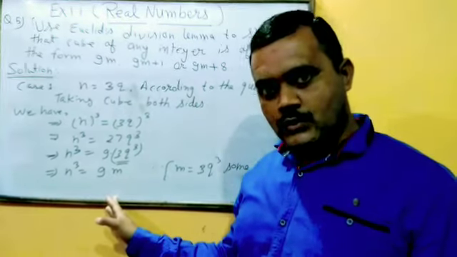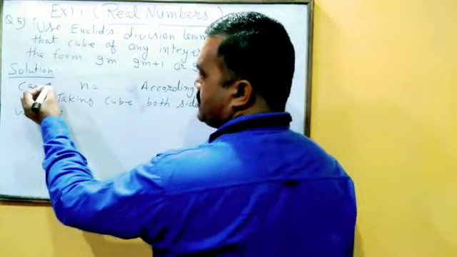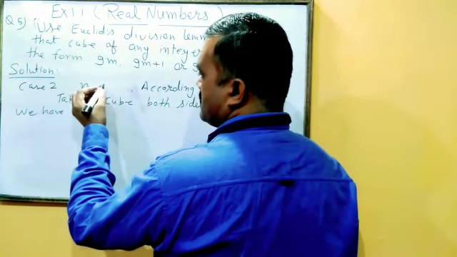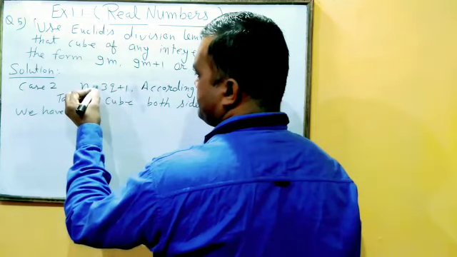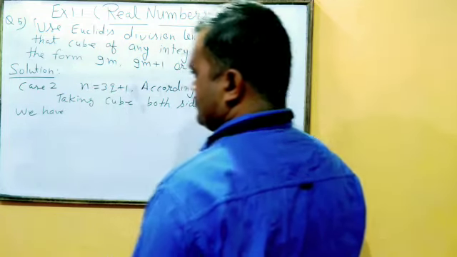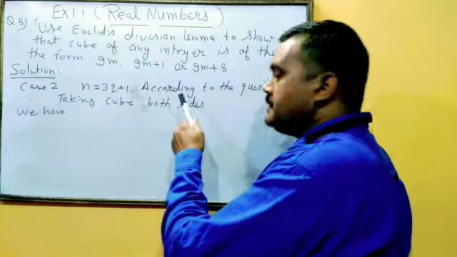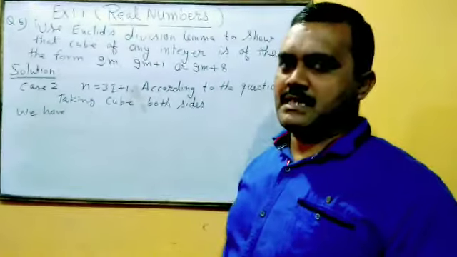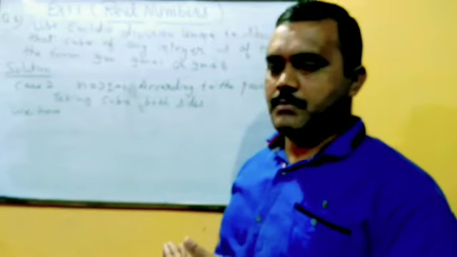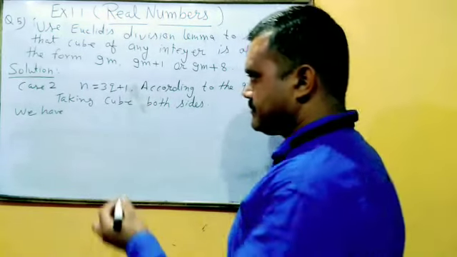Let's see case 2. Case 2, n is equal to 3q plus 1. According to the question, taking cube both sides, we'll do the same thing which we have done in case 1.